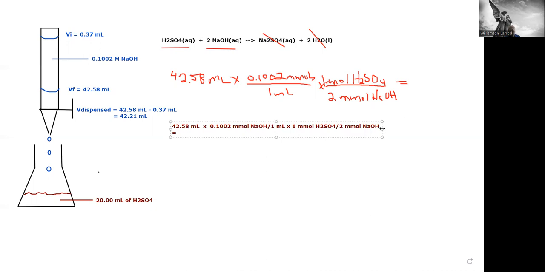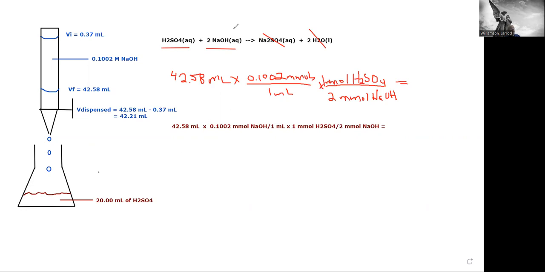just to clean up the penmanship there. And if I do that, I'll go back up to over here. I'm going to go 42.58 times 0.1002 divided by 2. Let me just double check, 42.58 times 0.1002 divided by 2.